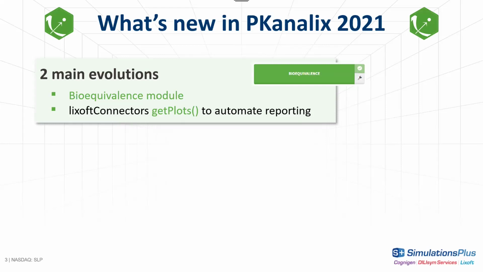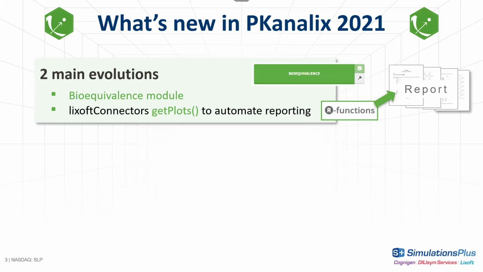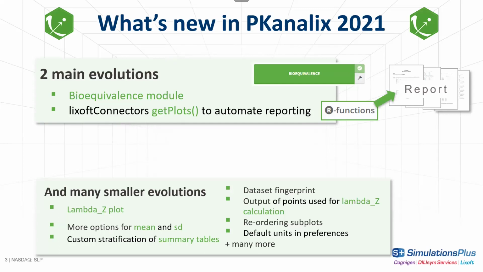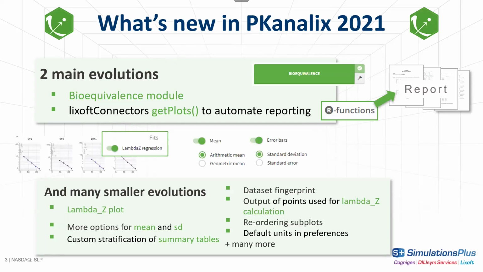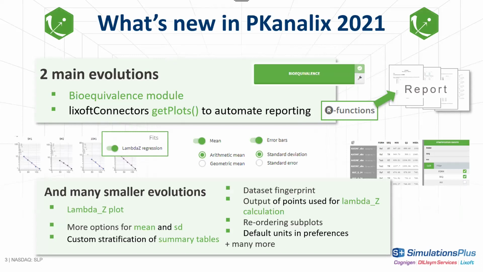The second big evolution is a list of connectors to generate plots in R and easier reporting. And I have also shown you some of the many smaller evolutions, among which we have the plot with lambda Z regressions, more options for min and SD in the trend lines, the stratification of summary tables, the dataset fingerprints, and the reordering of subplots.